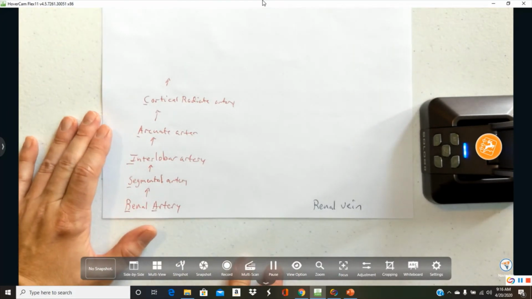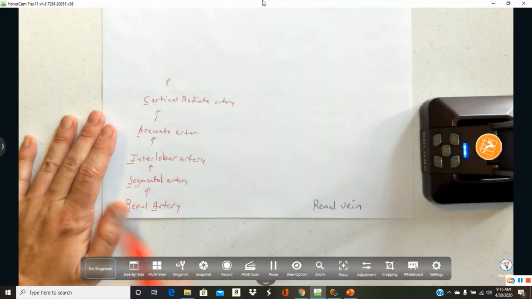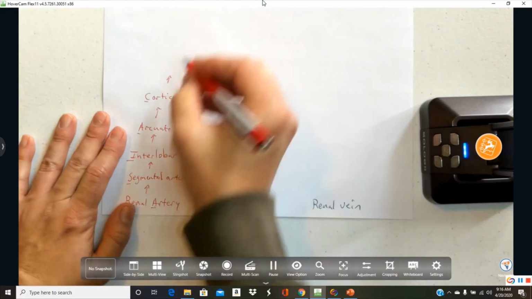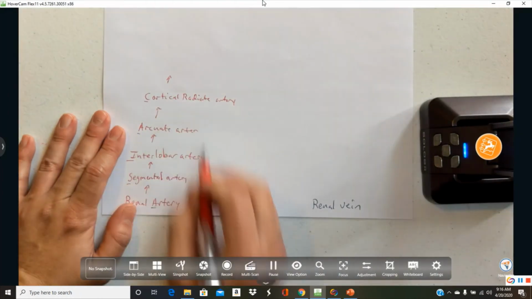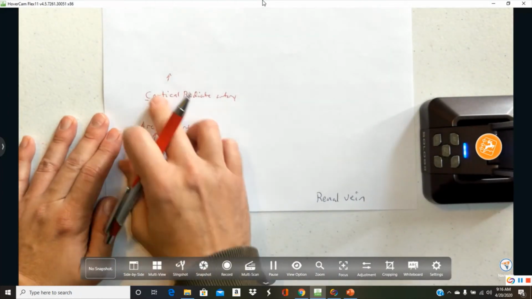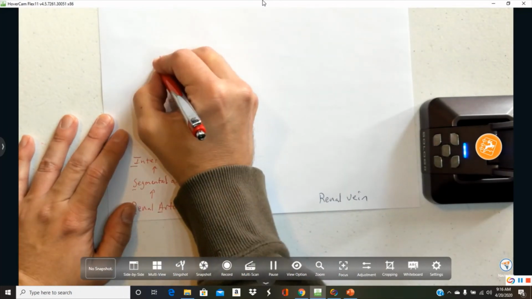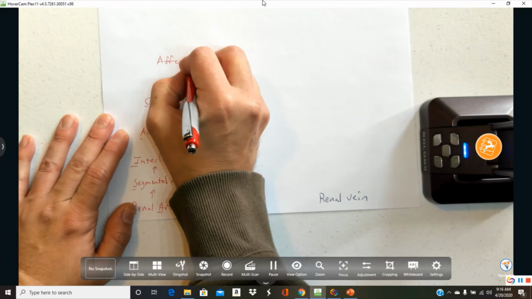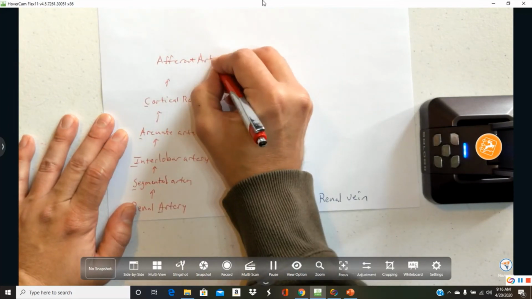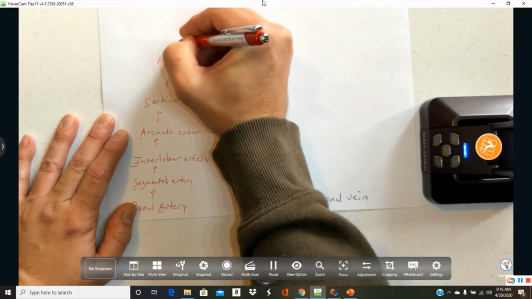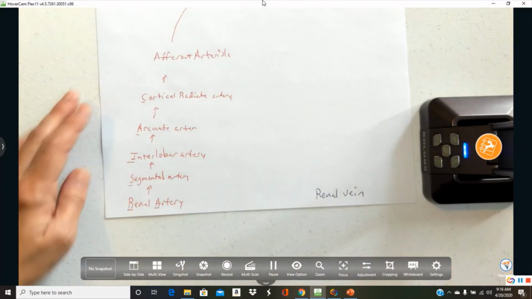Now, what we're doing, and Mr. Lever didn't give himself enough room here, is cortical radiate, CAGE. So CA is going to be afferent arteriole. Now, what is afferent arteriole going for?